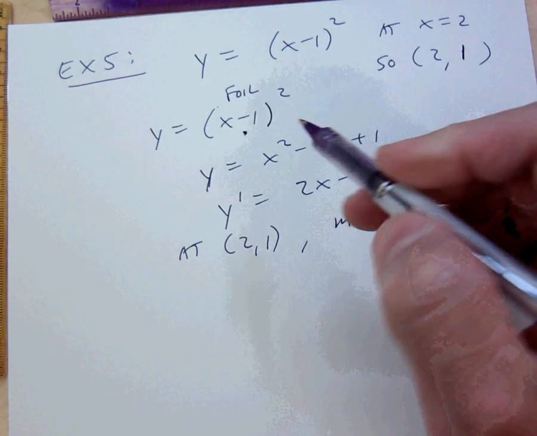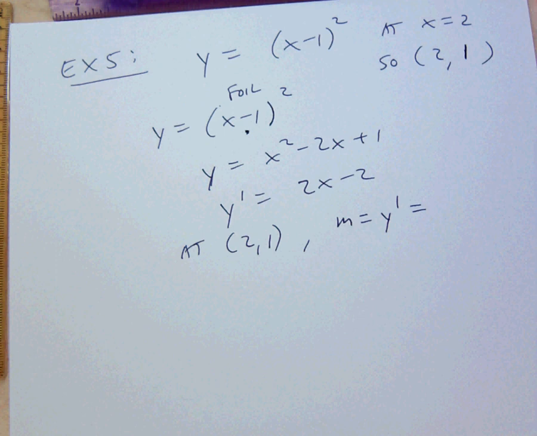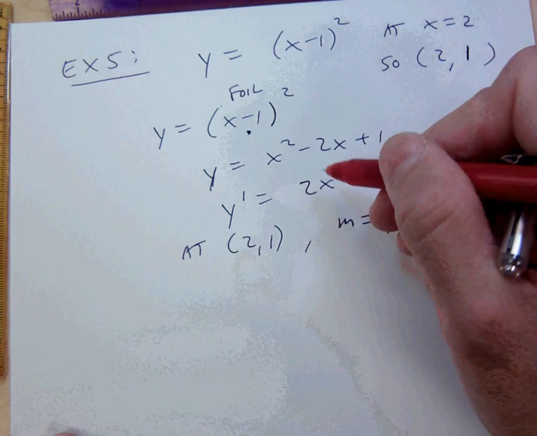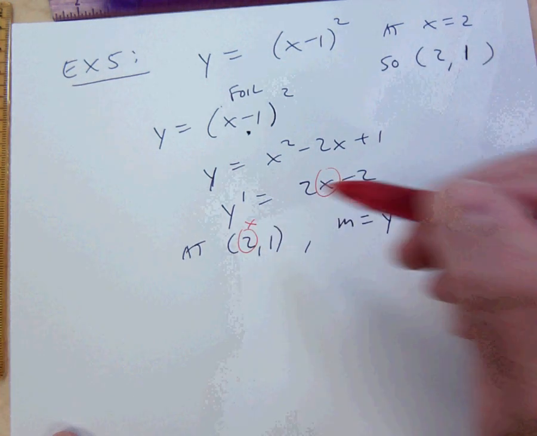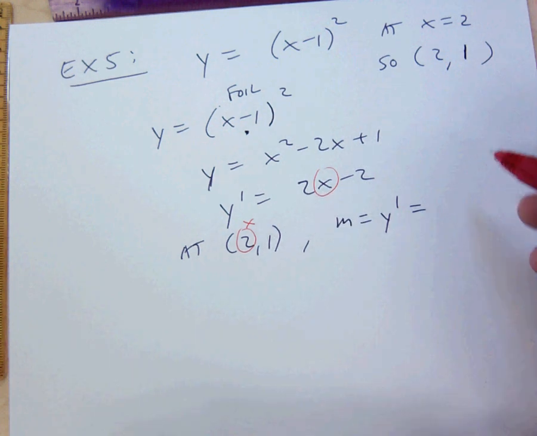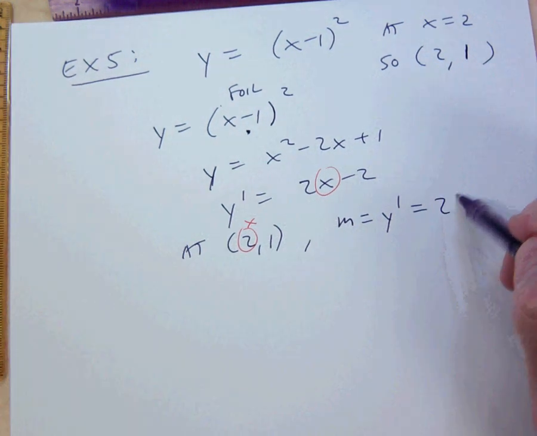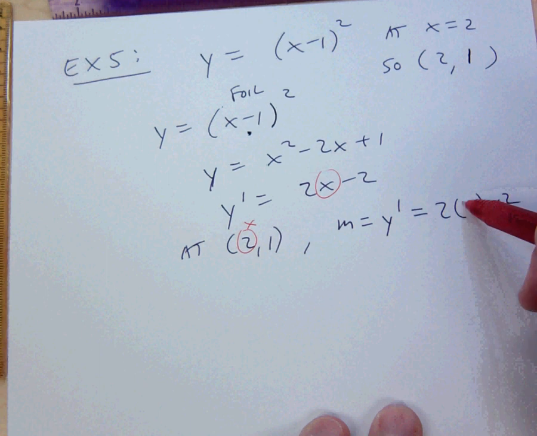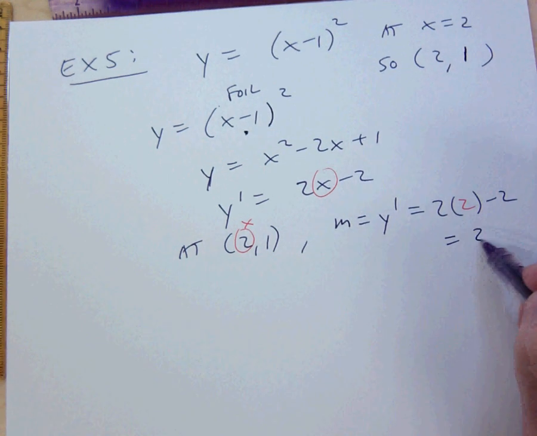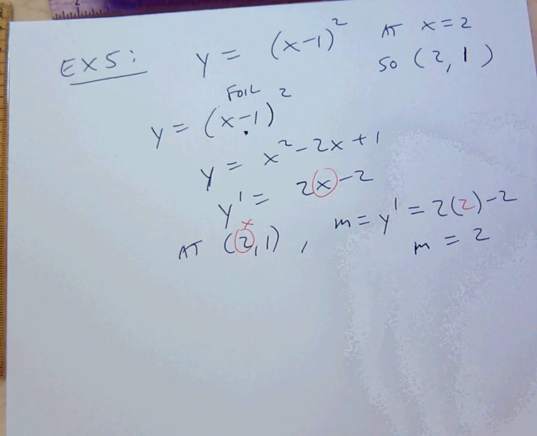Well, don't I just plug the x value in there to get the derivative or slope? Yes? And so what does it equal, guys? 2. So at the point 2, 1, the derivative or slope of the tangent line is 2.